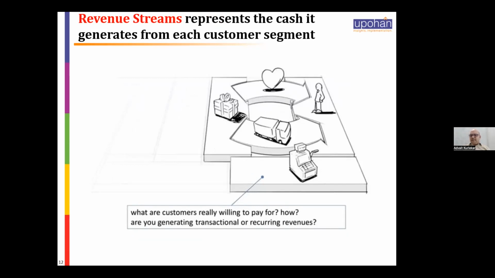Which means if these are the customer segments, if this is the value proposition, if this is the channel in which you're going to reach, and this is the way in which you're going to maintain relationships, is it getting reflected in terms of money? At the end of the day, you're a founder of a startup or you want to build a business because eventually you want to make money.